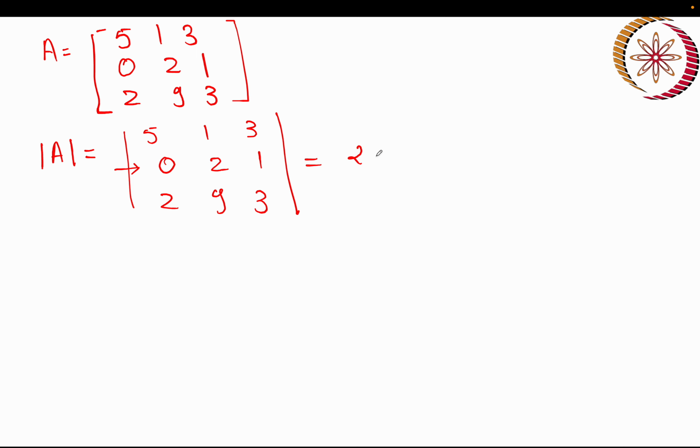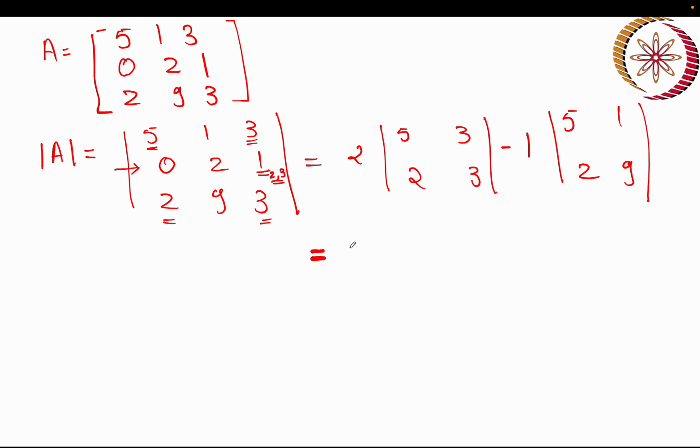Then we'll go to 2, and then 2 into, then we have to consider these elements, 5 3 2 3, and then we will go with 1, because it is at position 2 comma 3. So we can see that the sum is odd, so we have to go with the minus sign, and as there is 1 present, so minus 1 times 5 1 2 9.